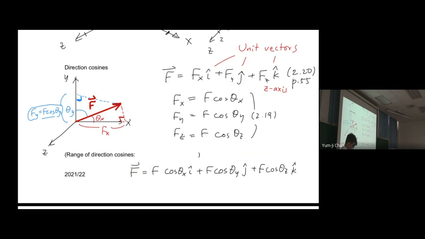In this vector, the magnitude is F, right? And these three are the unit vectors. Therefore, these three quantities, cosine theta x, cosine theta y, and cosine theta z, will give us the direction of the vector.